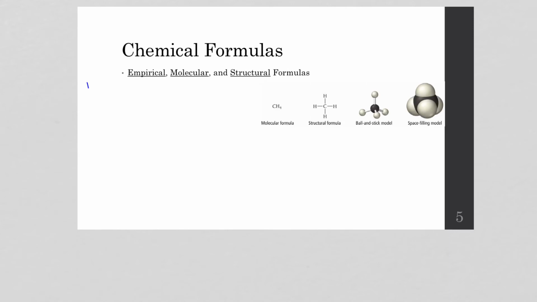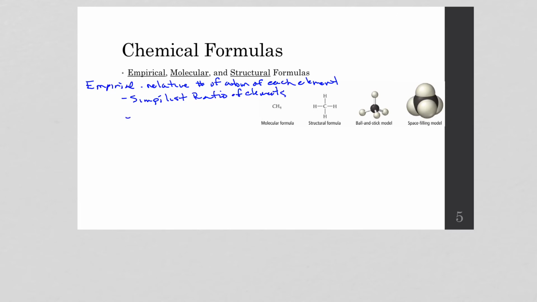The first one is the empirical formula. The empirical formula shows the relative number of atoms of each element. So it's what we typically would call the simplest ratio of the elements.